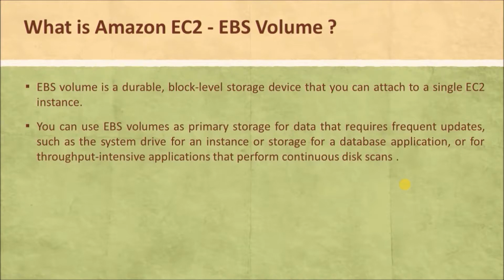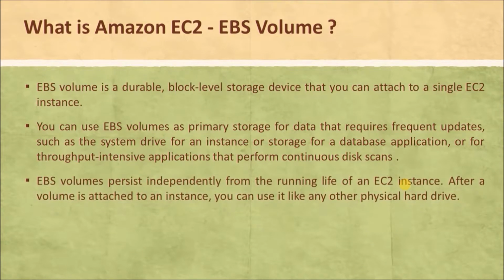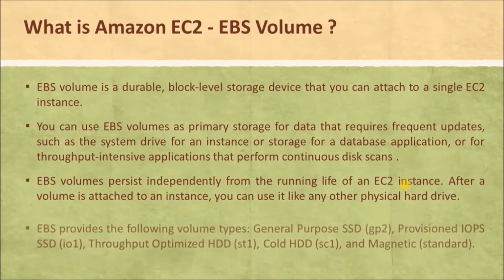You can use EBS volumes as primary storage for data that requires frequent updates, such as the system drive for an instance or storage for a database application, or for throughput-intensive applications that perform continuous disk scans. EBS volumes persist independently from the running life of an EC2 instance. After a volume is attached to an instance, you can use it like any other physical hard drive.